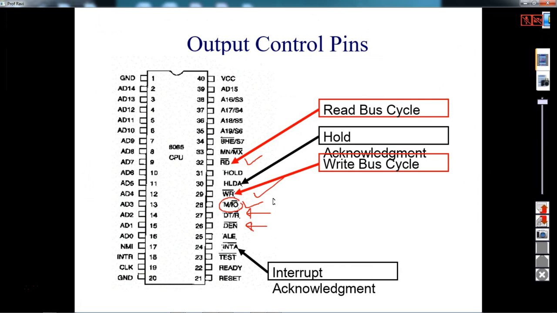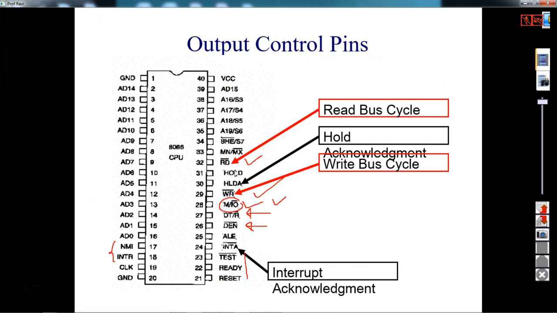So whether the processor is doing a memory operation or an IO operation can be identified using the M by IO bar pin. Read bar and write bar we have seen already. And this I'll discuss a little later: non-maskable interrupt. So these are the interrupt pins NMI and INTR, and there is data enable, and ALE we have already seen. We will discuss these pins a little later.